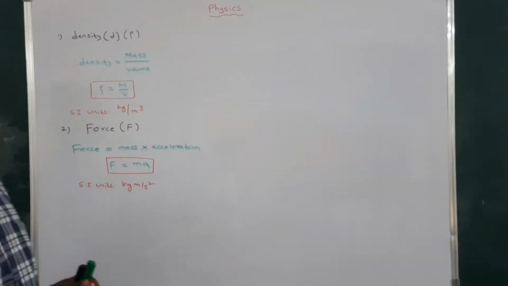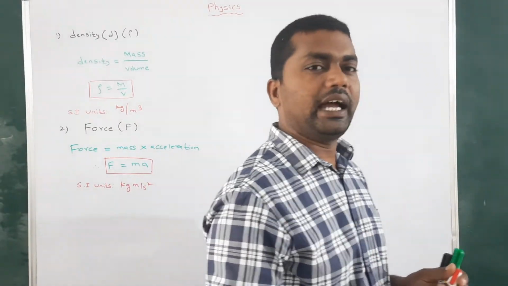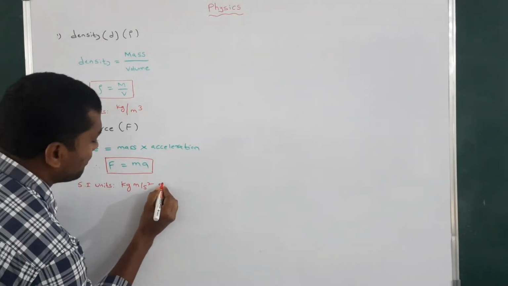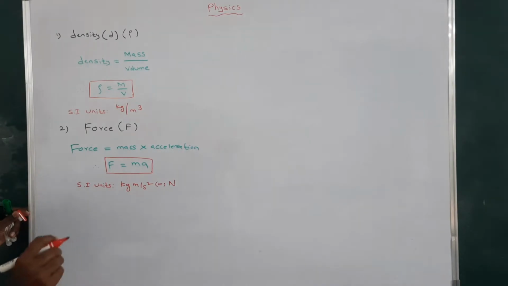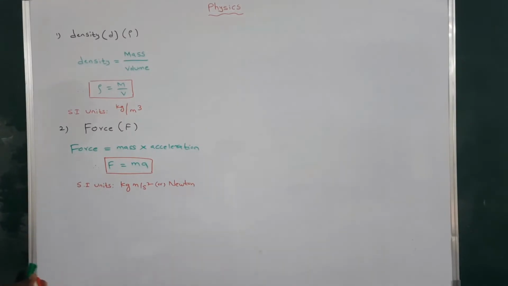So the SI units of force are kg meter per second square. Now we can take another unit, a very important one, Newton. It is represented by N. So the SI unit of the force is Newton, or kg meter per second square.